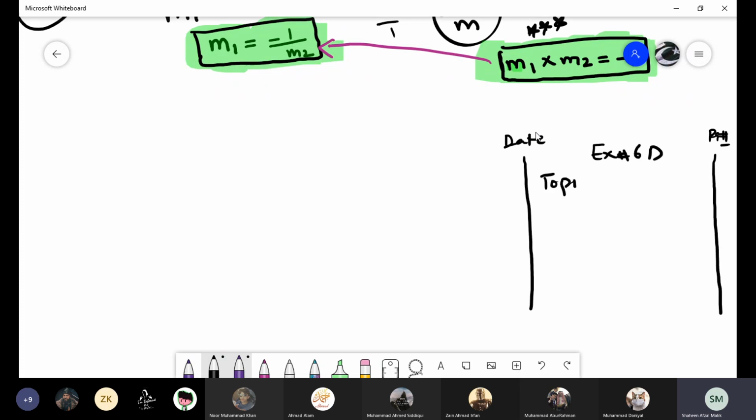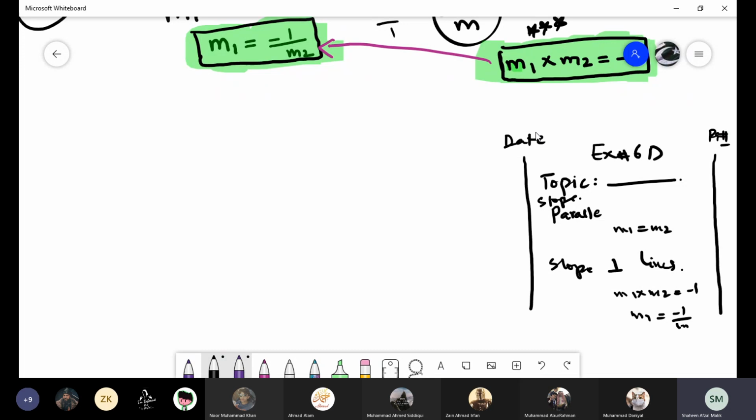Then the topic: slope of parallel lines, then slope of perpendicular lines. Slope of parallel lines, m1 is equal to m2. For perpendicular lines, m1 multiplied by m2 is equal to -1, and then m1 is equal to -1 over m2, and if you want to find out m2, that will be -1 over m1. In the same way, you have to prepare the page.